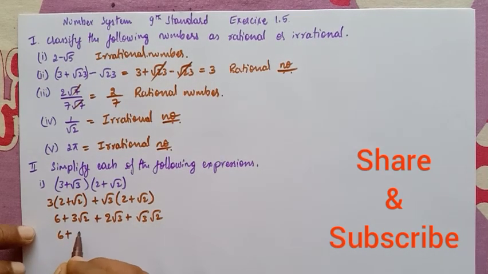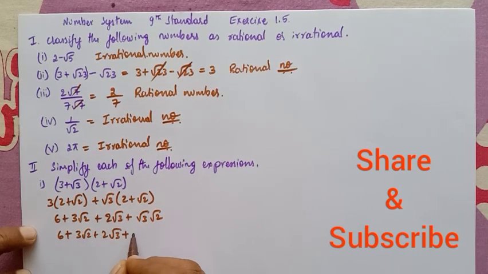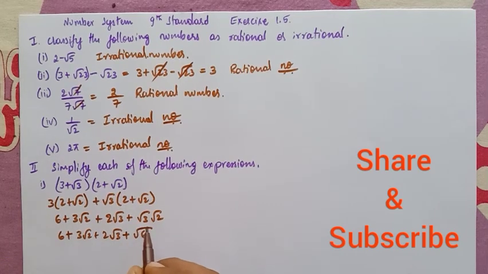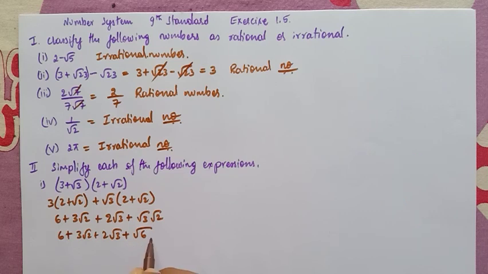So 6 plus 3 root 2 plus 2 root 3 plus square root of 6. See, both the roots are the same, so we can multiply: square root of 3 times square root of 2 is there. If not, it is not possible. This completes this multiplication.